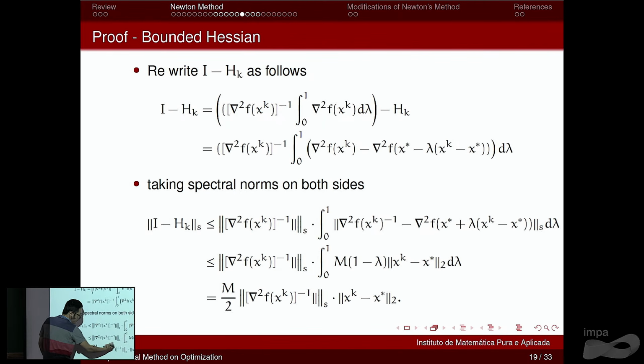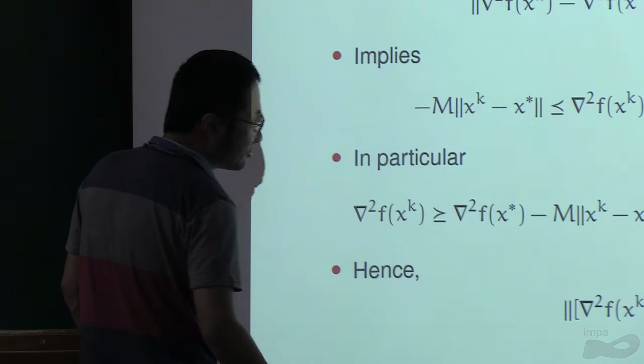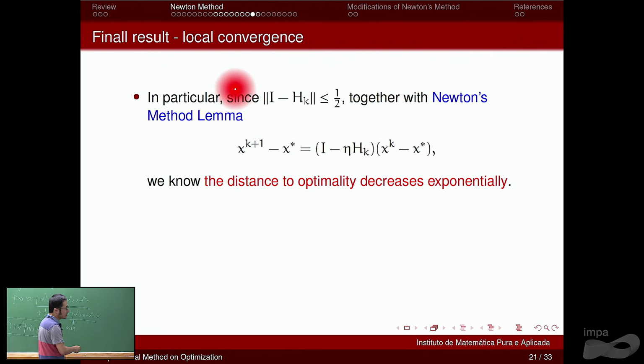But we already have another upper bound of this inverse of the Hessian, which is 2 over mu. So I minus Hk has an upper bound of 1 over 2, with the spectral norm.